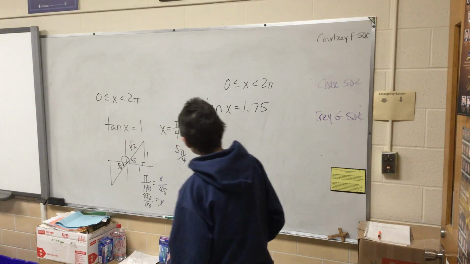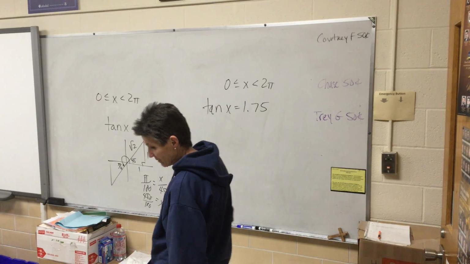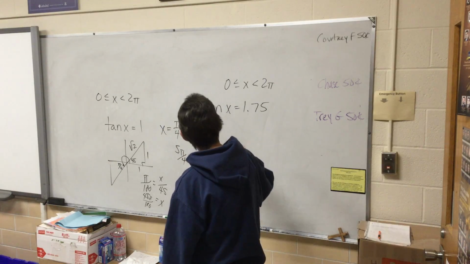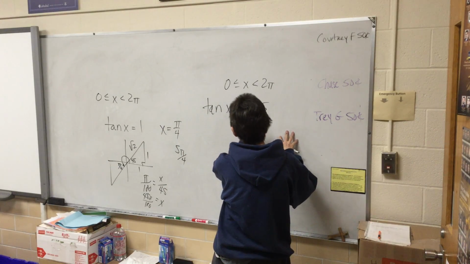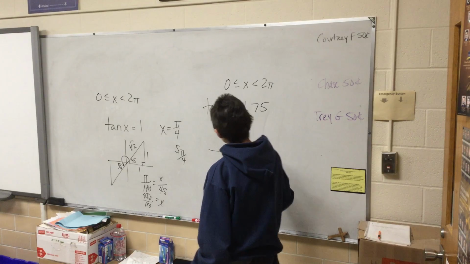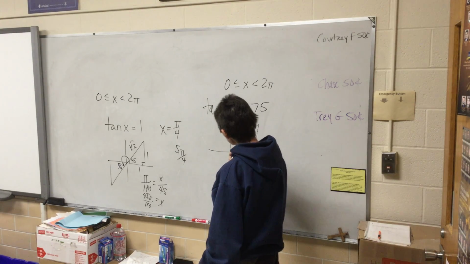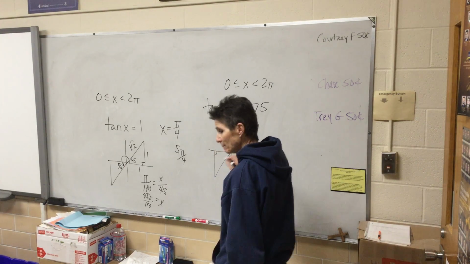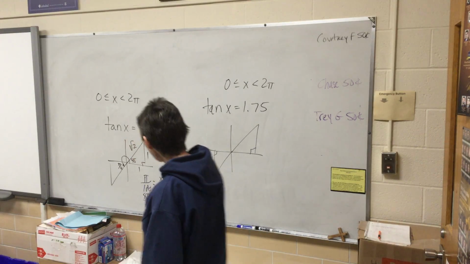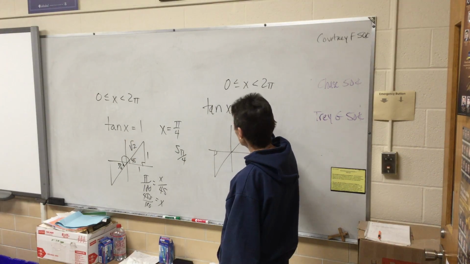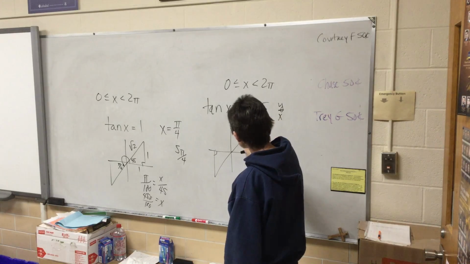Okay, so it's in radian mode. We got to make sure we've done that. And now we've got tan x equal to another positive number. So won't the angle be either in quadrant 1 or 3 again? Because that's where the tangent, y over x, is positive.